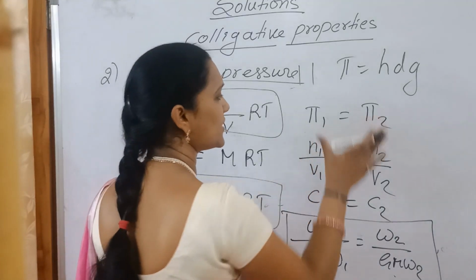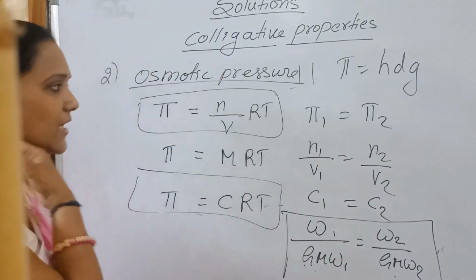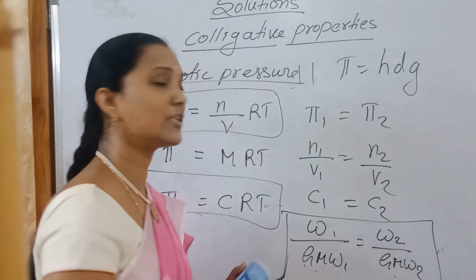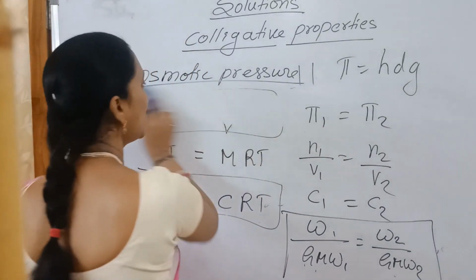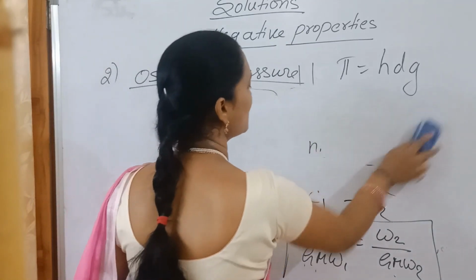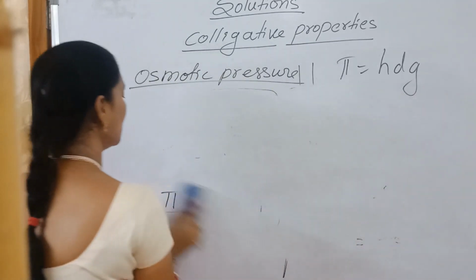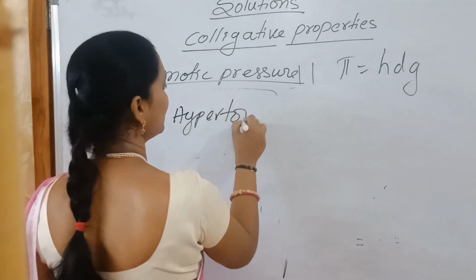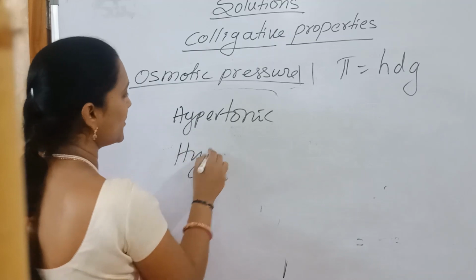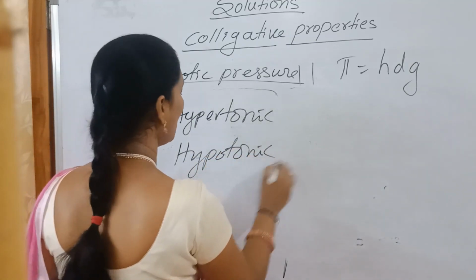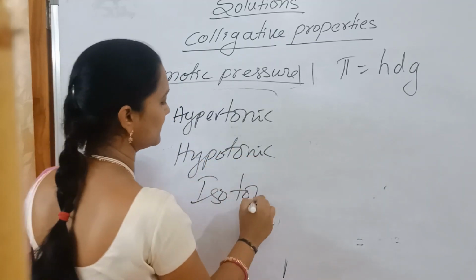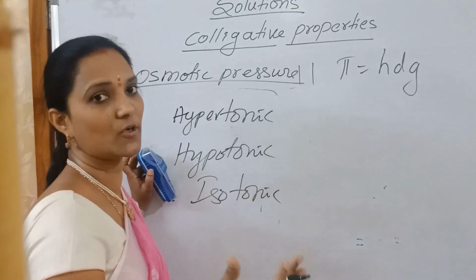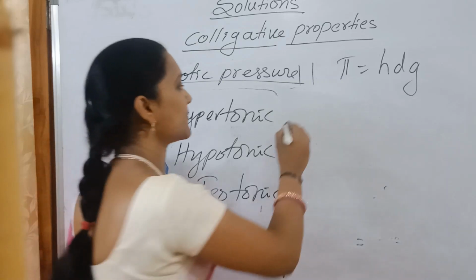Now if two solutions have the same osmotic pressure, then that solution is an isotonic solution. If two solutions have the same osmotic pressure, they are isotonic. So here there are three types: hypertonic, hypotonic, isotonic. Okay, hypertonic means its osmotic pressure is more. Hypotonic means less osmotic pressure.